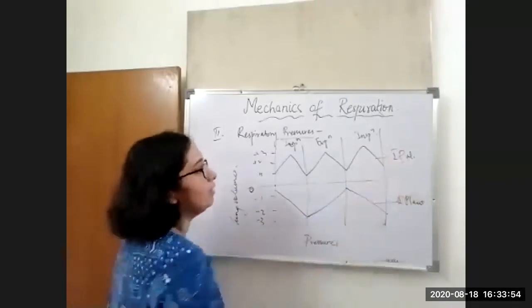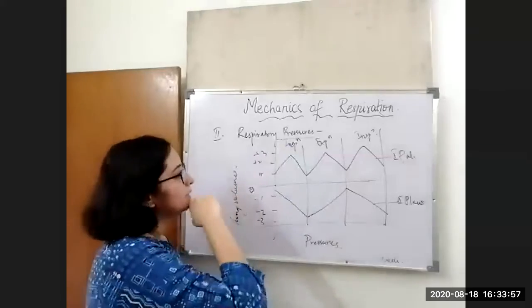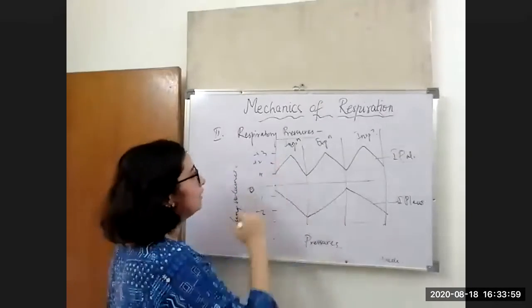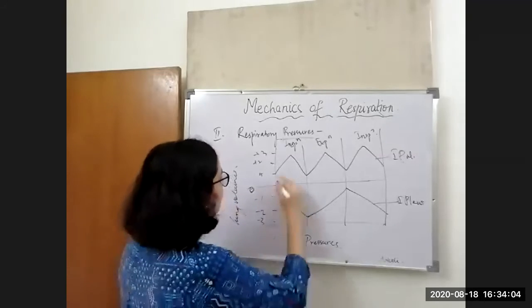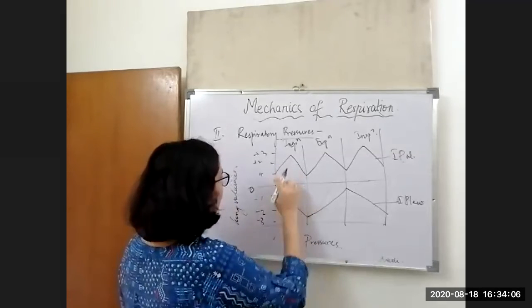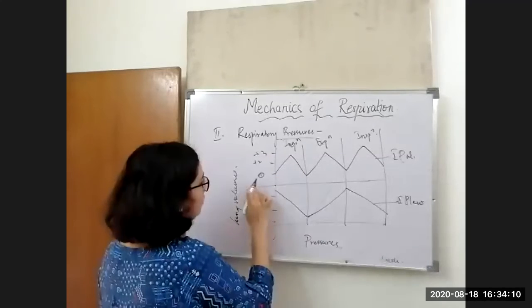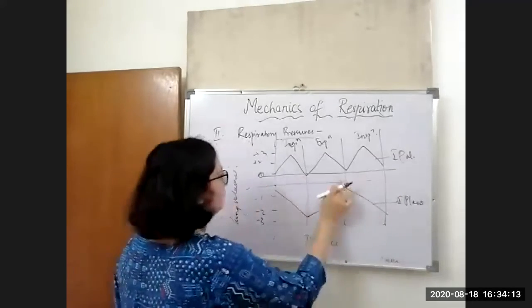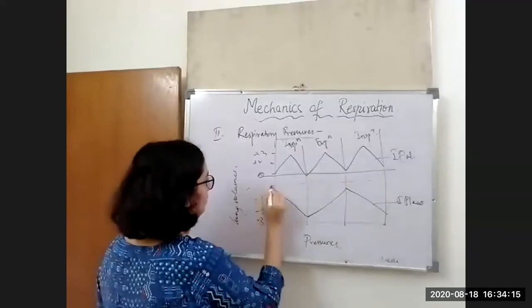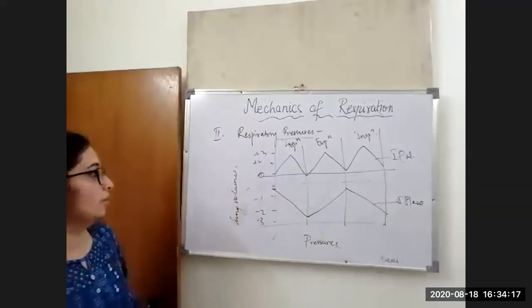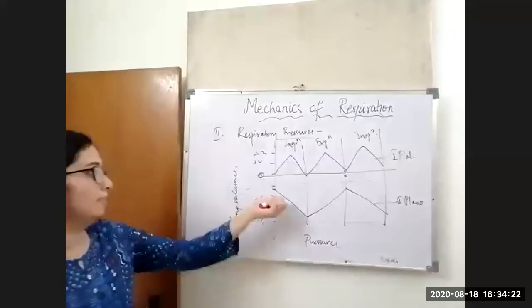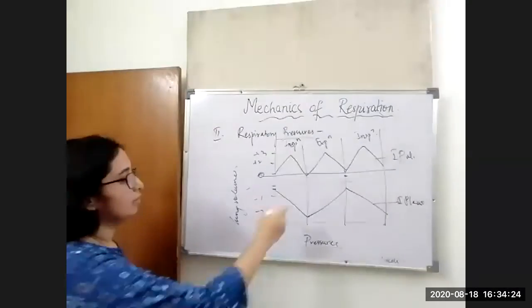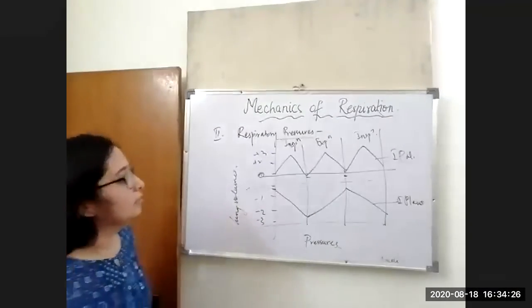And the intrapulmonary becomes positive on expiration and negative on inspiration.